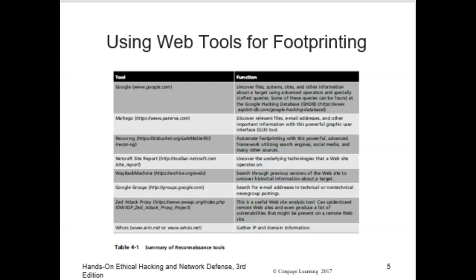For example, Zed Attack Proxy, or ZAP as it's known, is used to gather information about a company's website and discover any existing vulnerabilities. This is a useful tool because it can actually spider or crawl through remote websites and even produce a list of vulnerabilities for you.